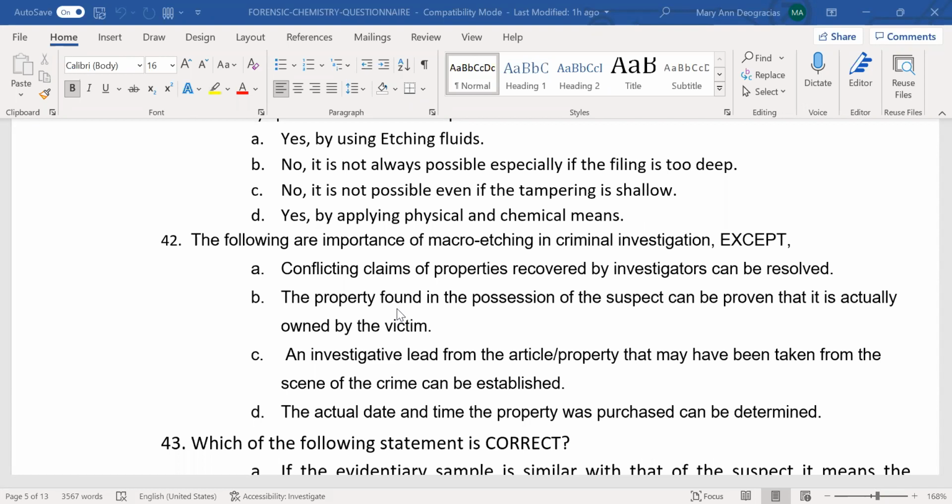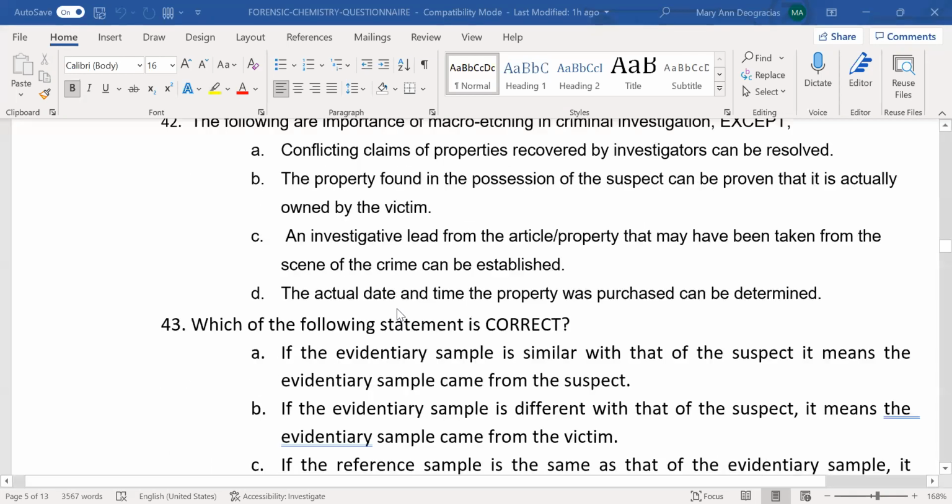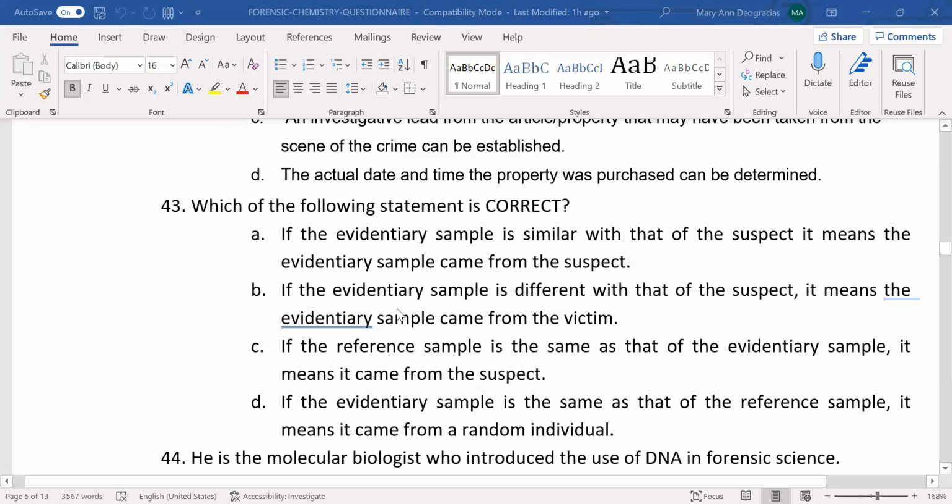Next, number 43. Which of the following statement is correct? A. If the evidentiary sample is similar with that of the suspect, it means the evidentiary sample came from the suspect. B. If the evidentiary sample is different with that of the suspect, it means the evidentiary sample came from the victim.